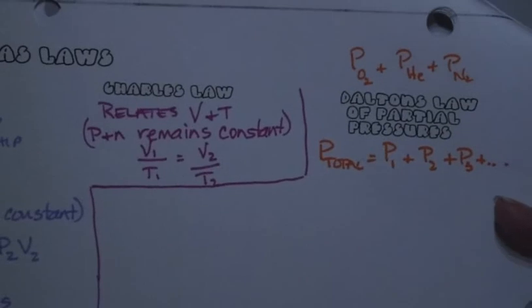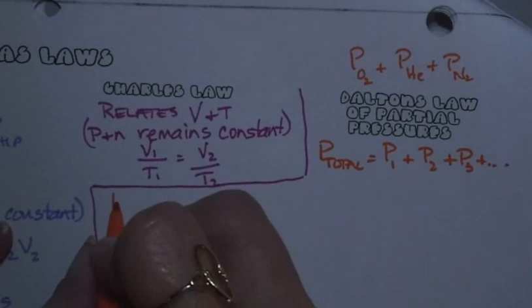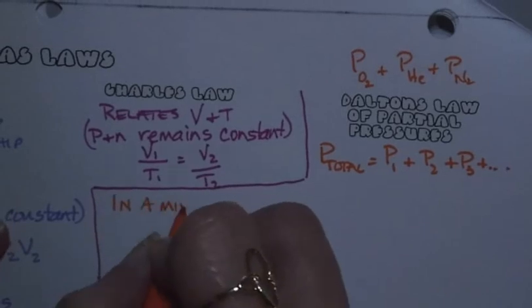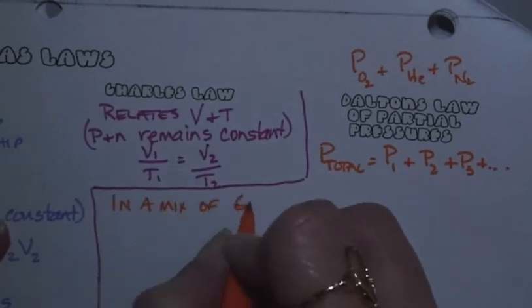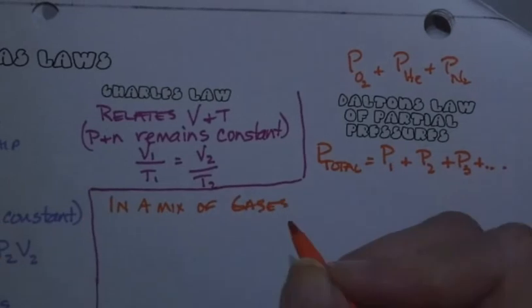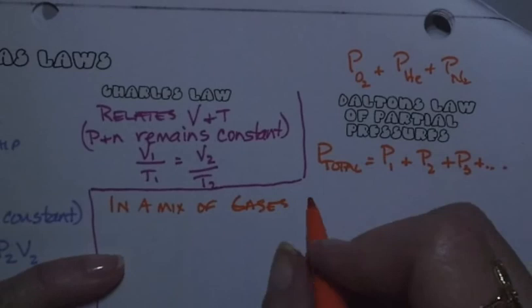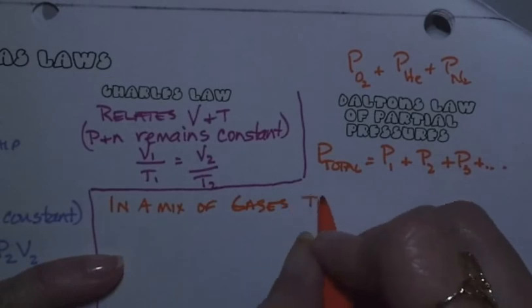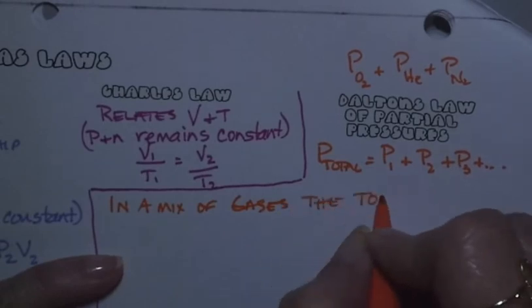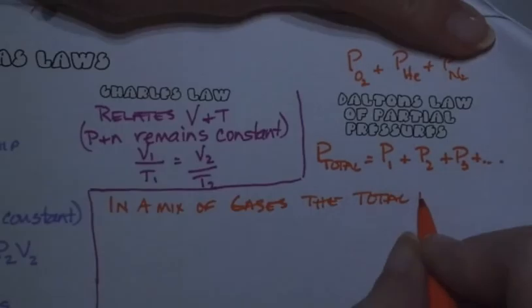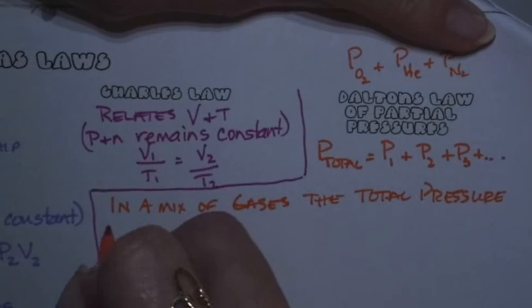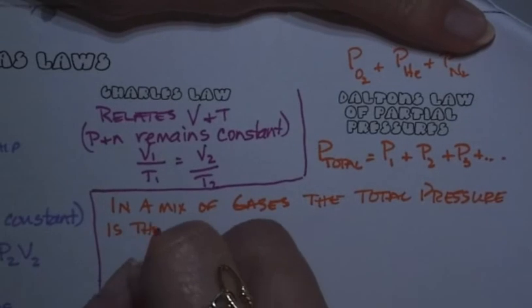So when we have Dalton's law of partial pressure, what it's saying is, in a mix of gases, the total pressure is the sum of all the partial pressures.